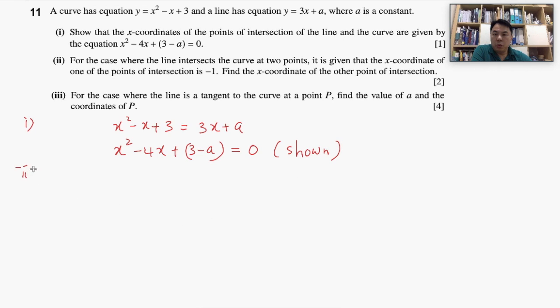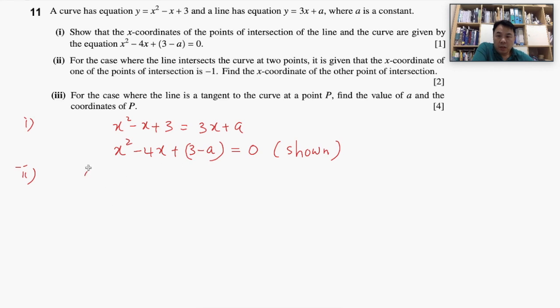Okay. Number 2, for the case where the line intersects the curve at 2 points, it is given that the x coordinate of one of the points of intersection is -1. Okay, so it is stated that the x coordinate of one of the points of intersection is -1. So find the x coordinate of the other point of intersection.